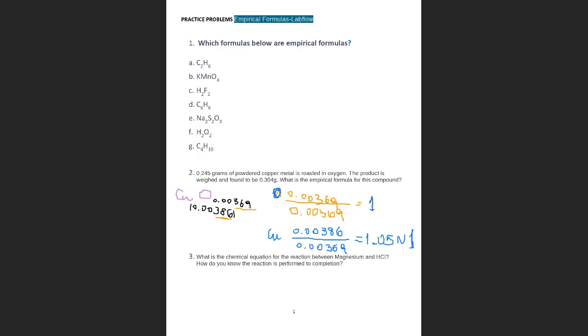And these are the subscripts. So for copper, the subscript is 1, and for oxygen it is 1. I don't write the 1 because we don't write the 1. If I had gotten a 2 for copper, I would write copper 2 oxygen, and this would be the empirical formula. But I didn't get that. I got 1 and 1, so I write copper oxygen.